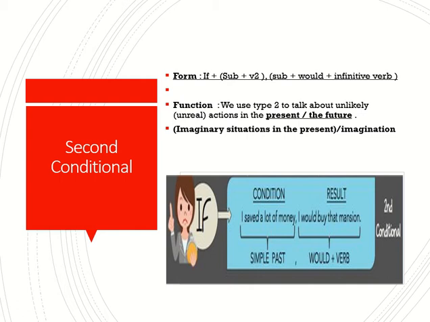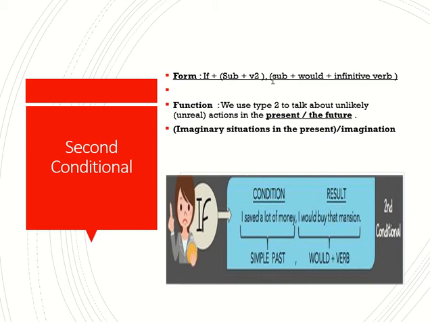In the first part we have to put if plus simple past, then a comma, don't forget the comma, which is so important here. And after the comma, in the second clause, we have to put the subject plus would plus infinitive verb. So we have to focus on this structure very well.